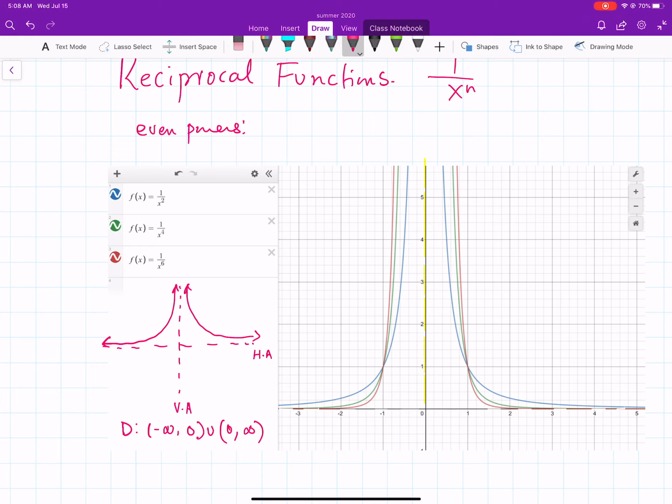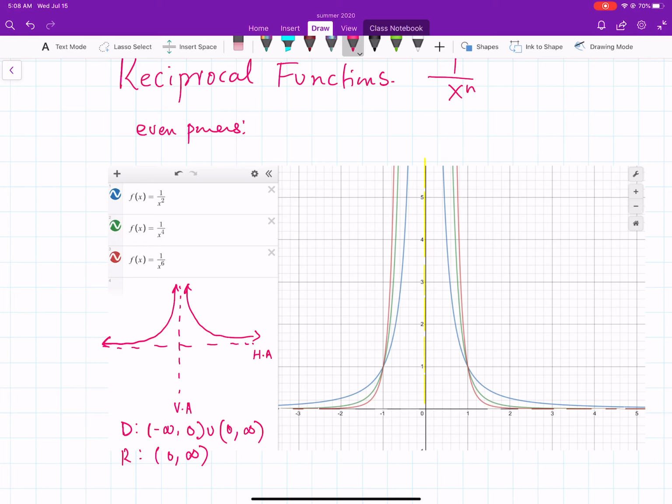Positive infinity. And then the range, it looks like I never cross the line y equal to 0. It gets closer to it, but it doesn't cross it. So I'm going from 0 all the way to what? Positive infinity.